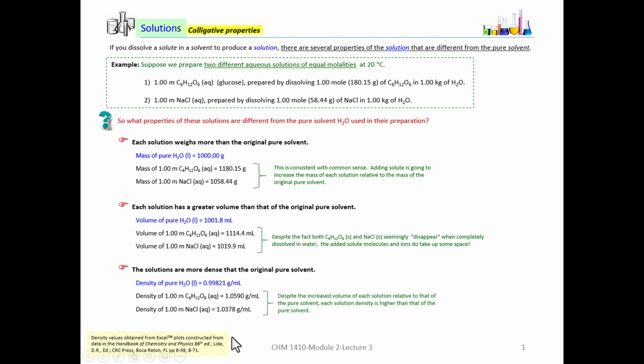Interestingly, the densities of both solutions are higher than the density of the water, and you might think, well, that only makes sense. You've added all that solute. Well, remember, the volumes of each of these solutions is greater than the volume of the original water, so it's not a sure bet that their densities would be higher, but they are.